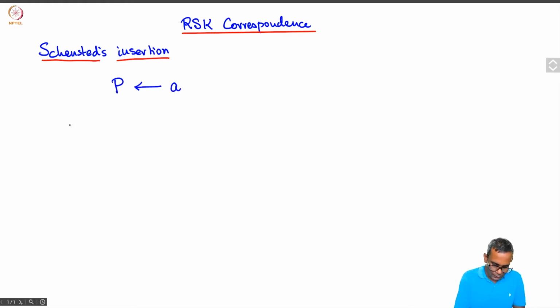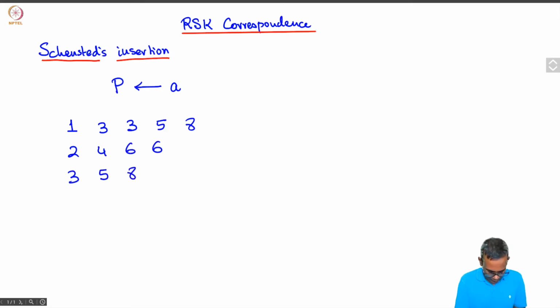So for example, we could have the tableau 1 3 3 5 8, 2 4 6 6, 3 5 8, 4, and let's say we want to insert 3 into this tableau.